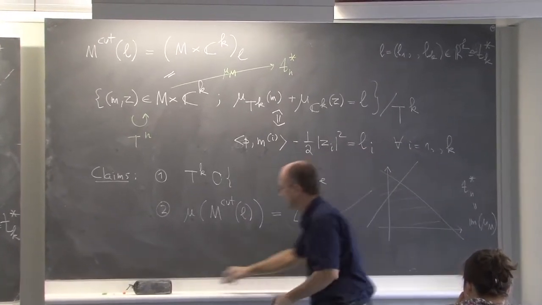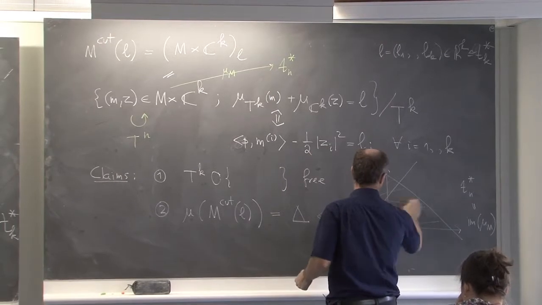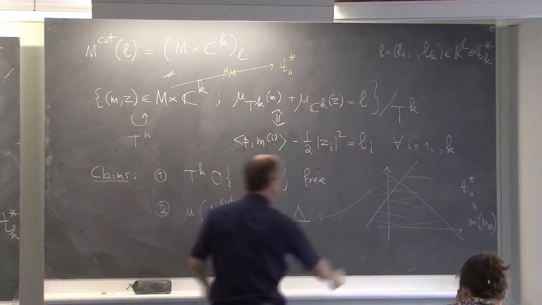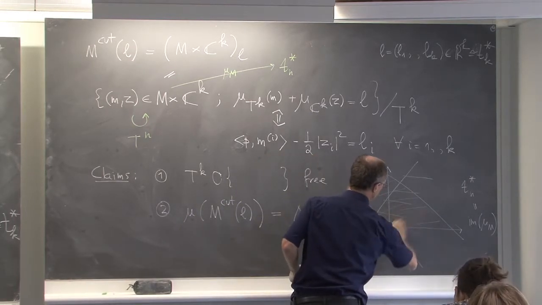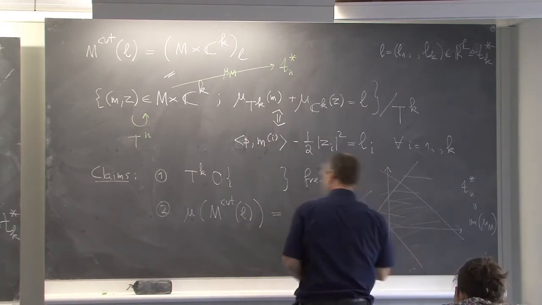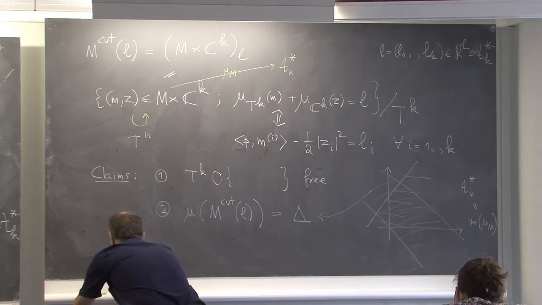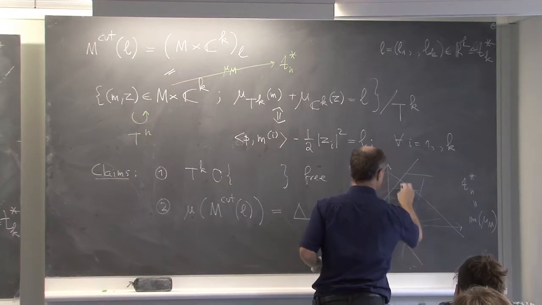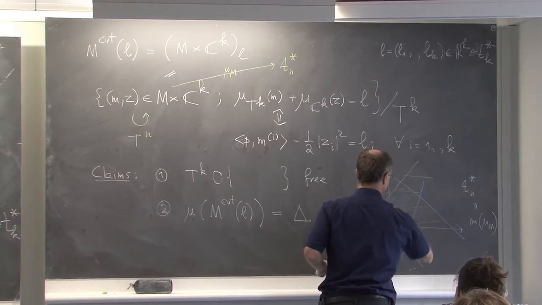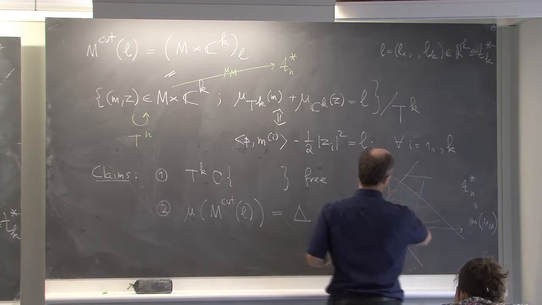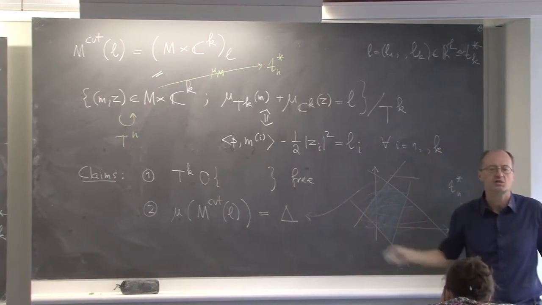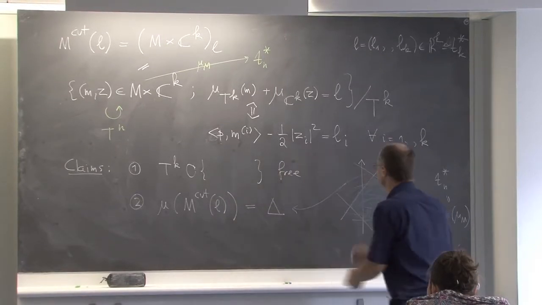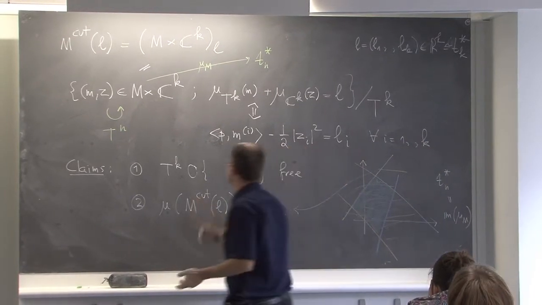I'm not sure that what I'm drawing is actually good, but there will be many of those inequalities, and in the end our polytope will emerge, as it happened before in the examples. So this is more or less easy.